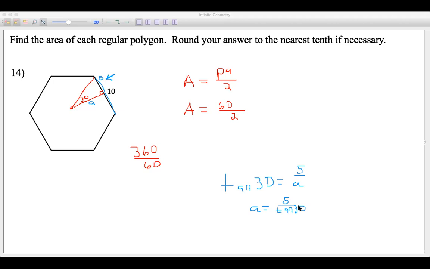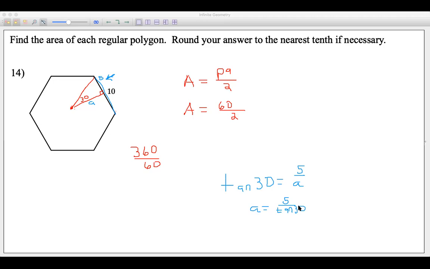Is your calculator in degrees or radians? You did 5 divided by tan 30. I did 5 divided by 10. There's no way. You're either in radians or you're typing the wrong thing in your calculator. 5 divided by tan 30, close your parentheses.